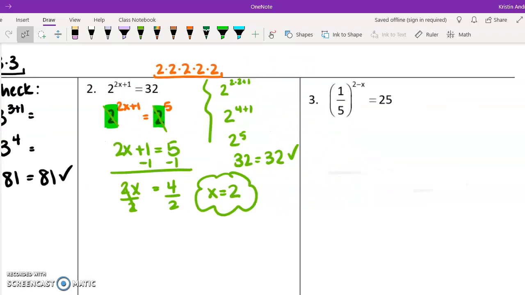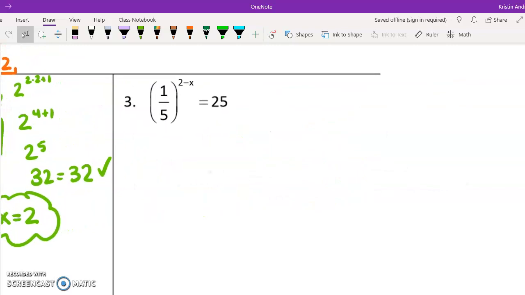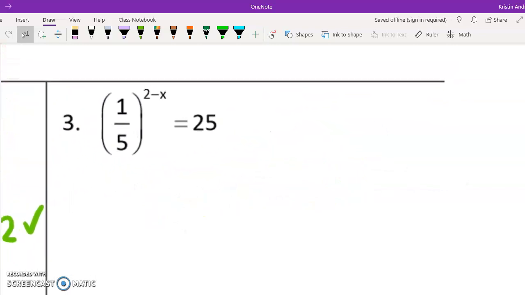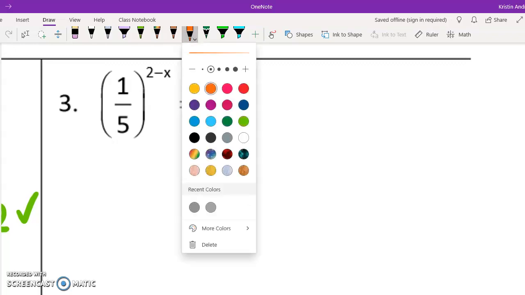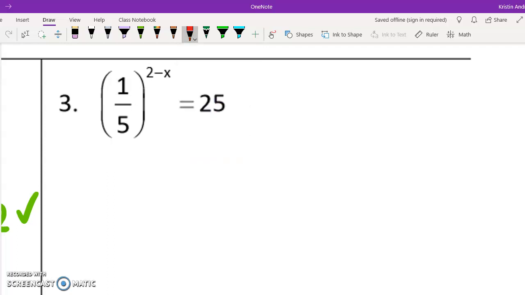Now that we're looking at problem number 3, this should look a little more complicated. And the reason for that is we can see this left-hand side is written as a fraction and the right side is not. So one thing I want to do with this left side is let's make that into a more manageable number. This is 5 to the first power, but it's in the denominator.